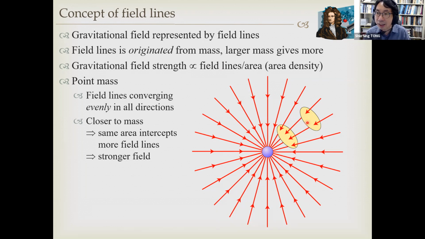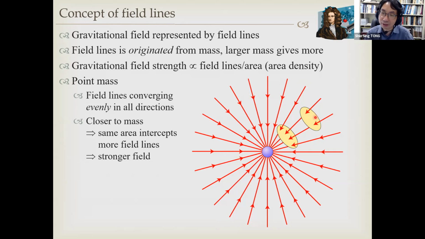Now let's say at this position, the area intercepts 2 field lines. Okay, 2 is just any number used for easy understanding. So the area density of the field lines is the 2 field lines divided by the area.